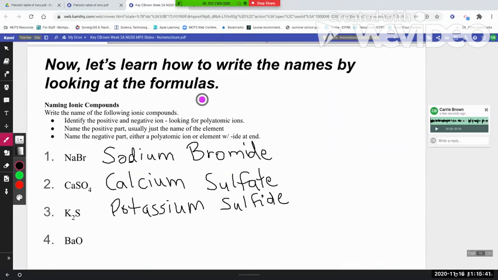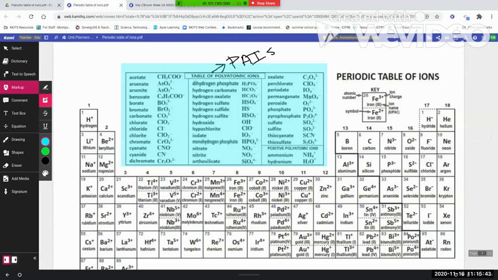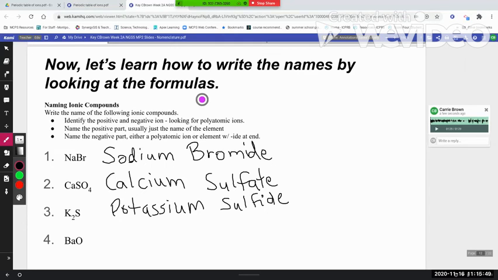Okay. And then we have Ba, atomic number 56, and O, which is atomic number 8. So we're going to write barium oxide. So oxygen becomes oxide. Okay.